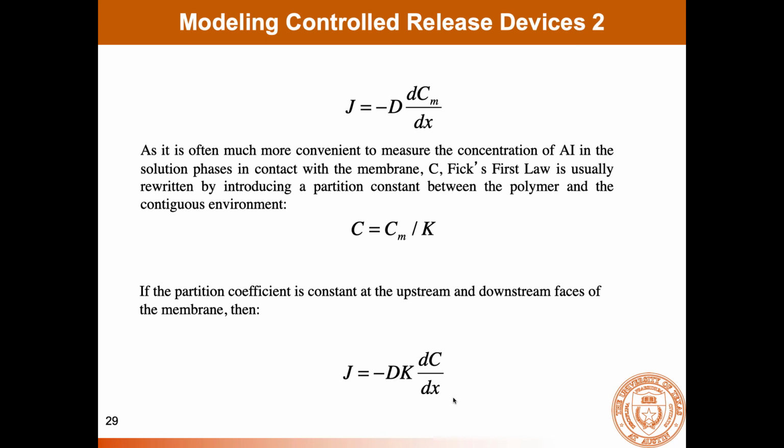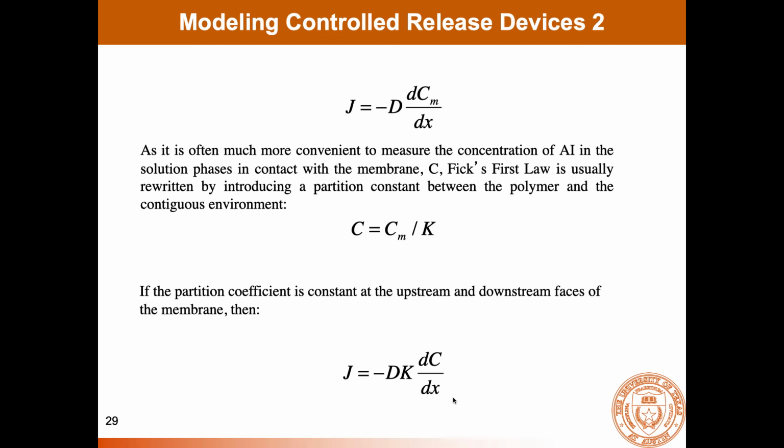It's often very typical that if the membrane is the rate controlling step in controlled release, the flux would be proportional to the concentration gradient of the active agent in the membrane. That's often inconvenient to measure. It's often much more convenient to measure the concentration of the active agent in the environment surrounding the membrane, that is in the reservoir or in the fluid or system that's outside the membrane.